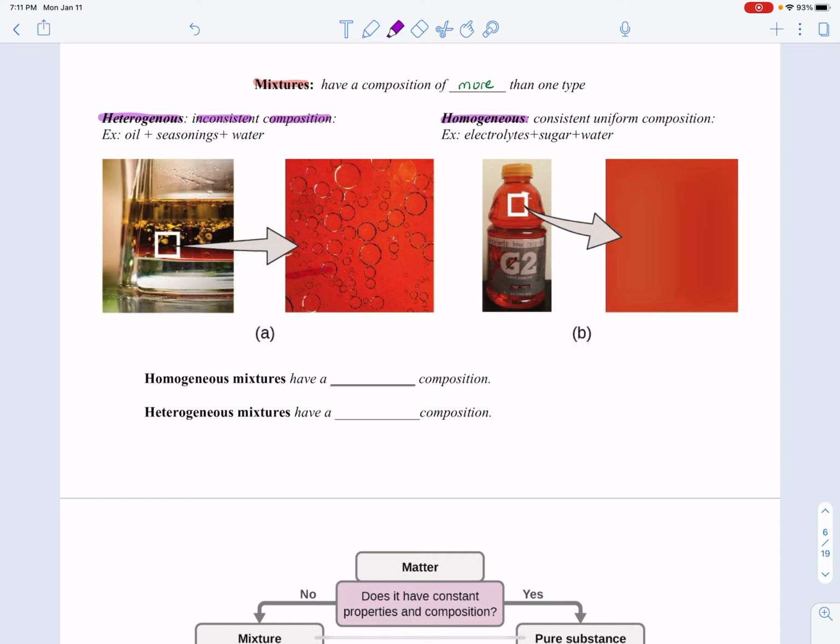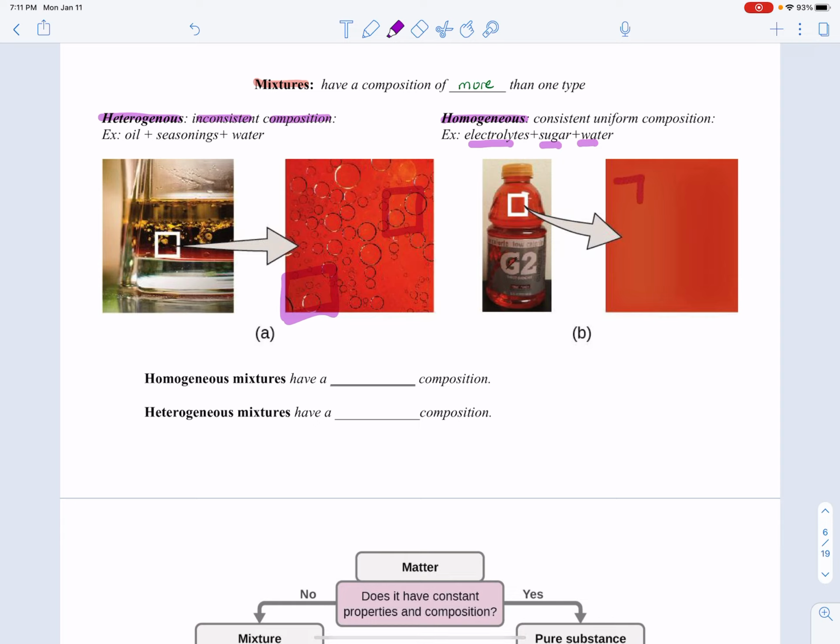If you got this section right here, it would have a different amount of oil and things compared to if you grabbed that section. That's the idea of an inconsistent composition. It's got all kinds of things. It could even have salt in here and pepper and tons of other things. Compare that to homogeneous. This again has more than one type of thing in it, but they're all mixed and dissolved equally.